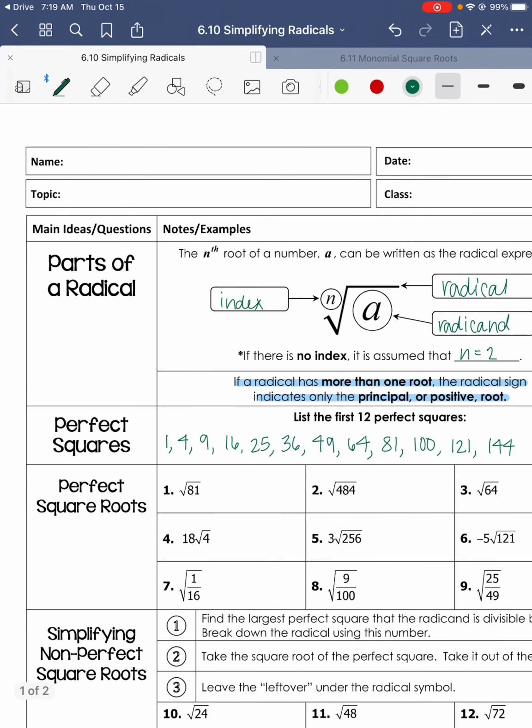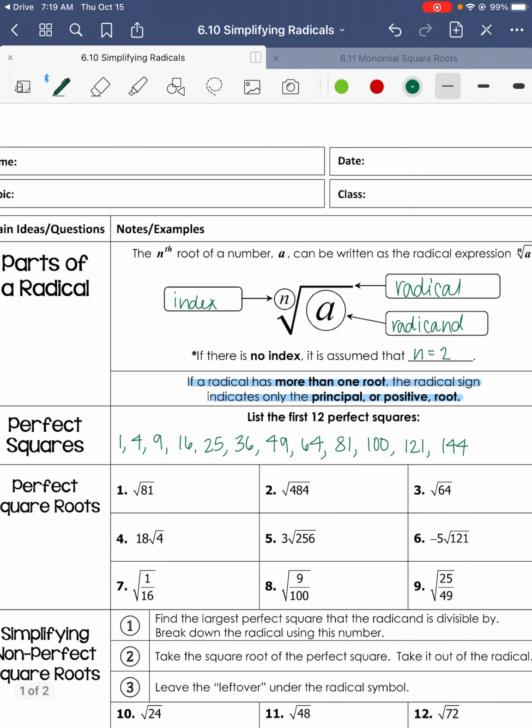All right, and then this next section talks about perfect square roots. So you're going to be able to calculate these and get a whole number. If we look at the first one, the square root of 81, which we know is equal to 9.